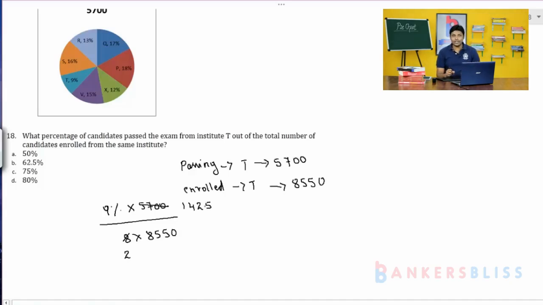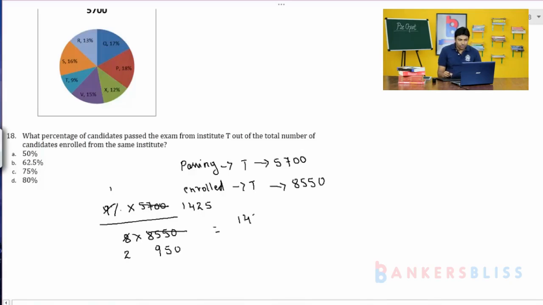So 1425 you got. Again 8550, is it divisible by 9? You check. Yes. 8 plus 5 plus 5 is 10, 10 plus 8 is 18, 18 is divisible by 9. Therefore 9 1s are 9, 9 9s are 81, 9 5s are 45.